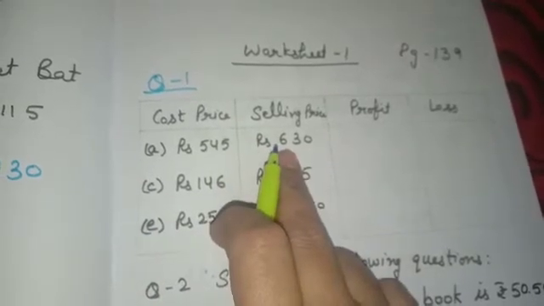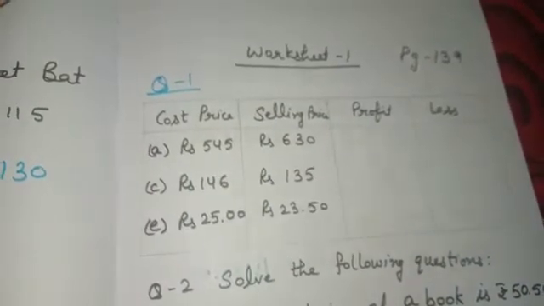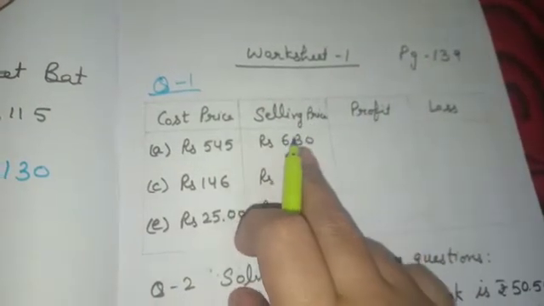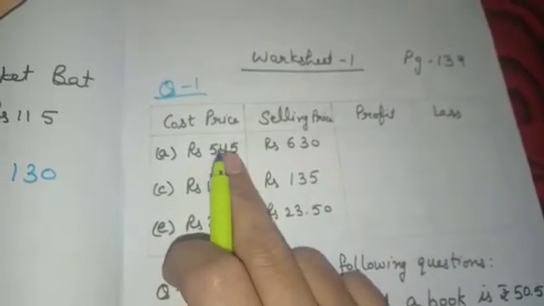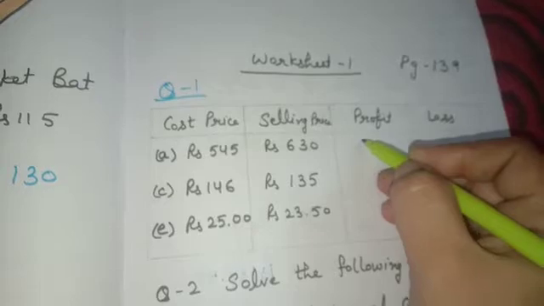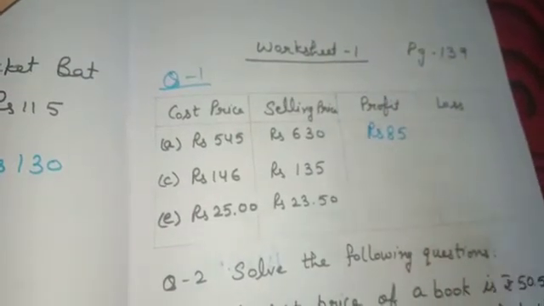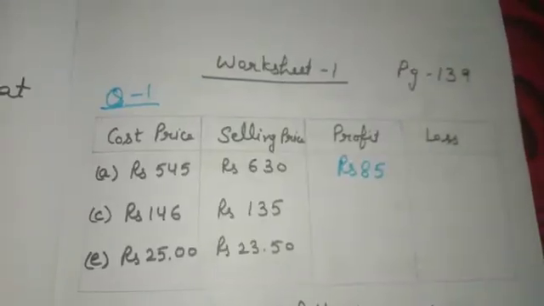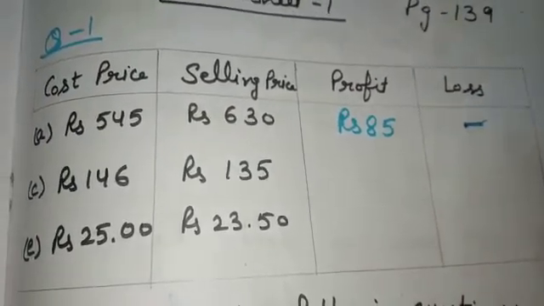Yes, selling price is greater than the cost price, so we have a profit. And the formula for profit is selling price minus cost price. 630 minus 545, this is rupees 85. As we have profit, so we will put a dash in the column of loss.